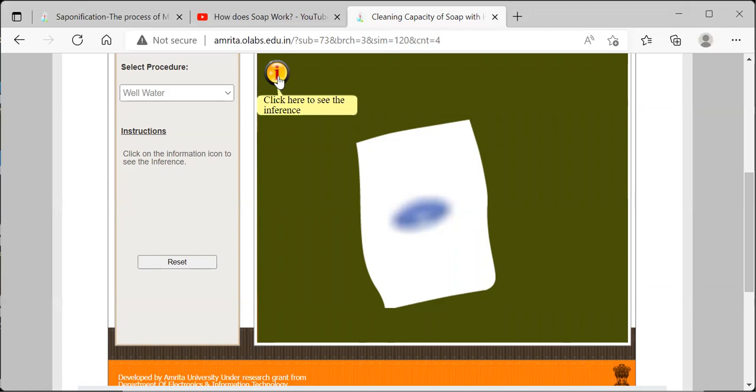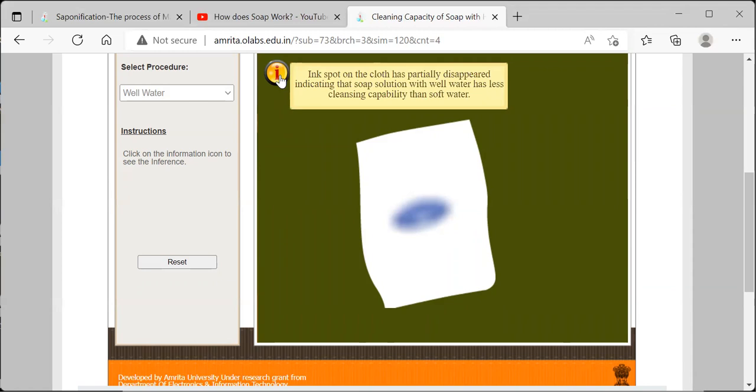When we click on the eye icon, it says that the ink spot on the cloth has partially disappeared, so it's not gone all the way. When we compare this to the distilled water sample, that means that well water has less cleansing capability.